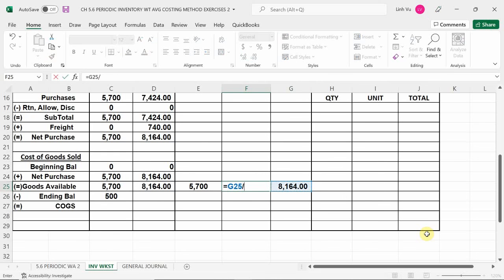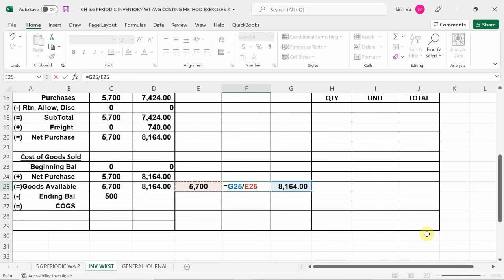So this is where I can go ahead and solve for my average cost per item. $8,164 divided by 5,700 units. What is my total average cost per item? $1.